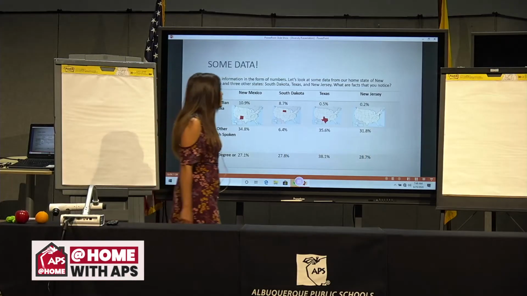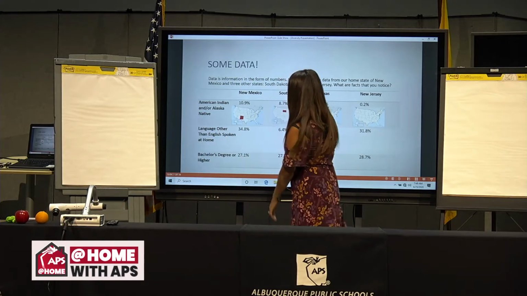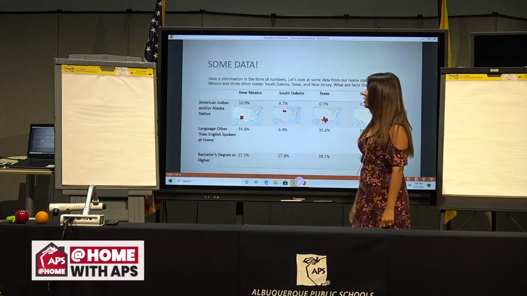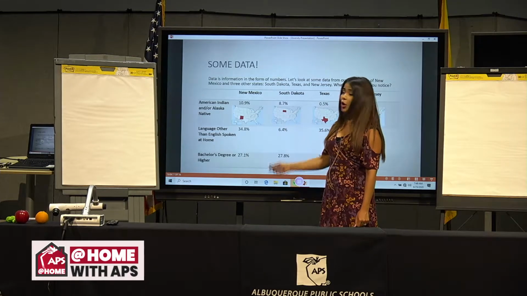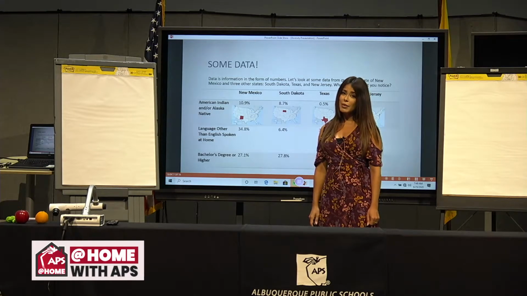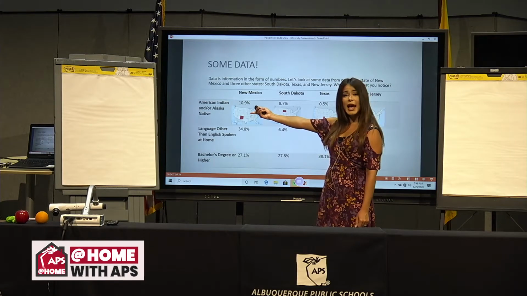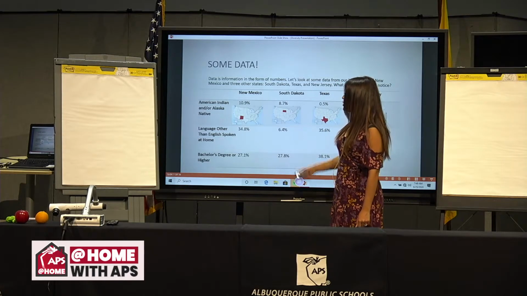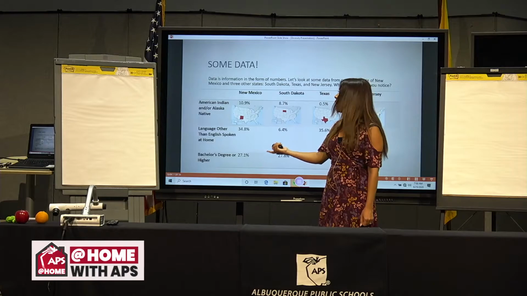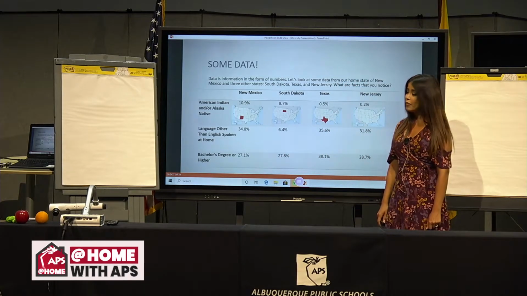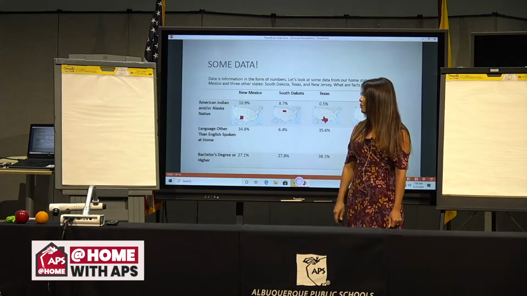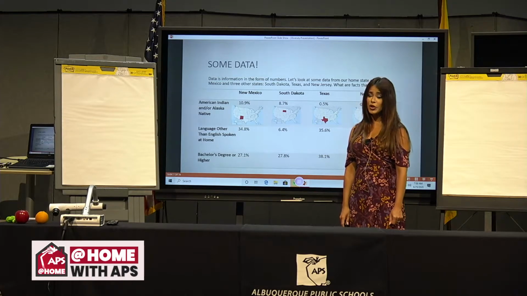Now, let's look at South Dakota, which is this column right here. So in South Dakota, 8.7%, almost 9% of their population, are American Indian and or Alaskan Native. 6.4% speak another language other than English at home, and 27.8% have at least a 4-year degree.